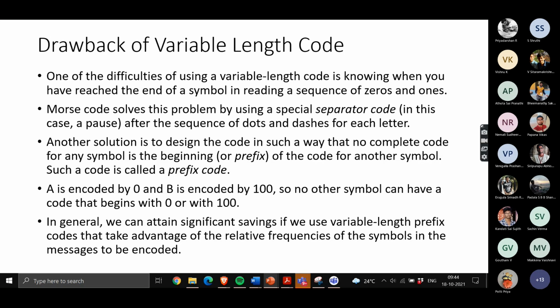What is meant by prefix code? I say that A will start with 0, B will start with 100, like that.